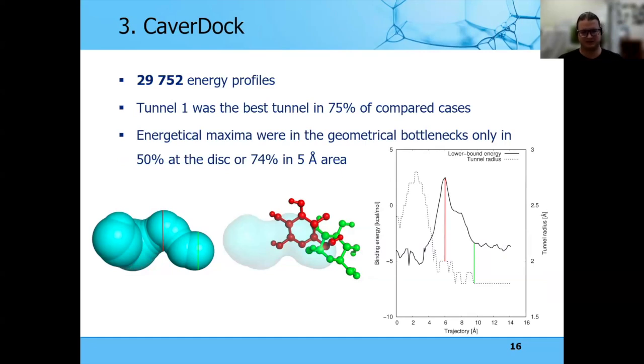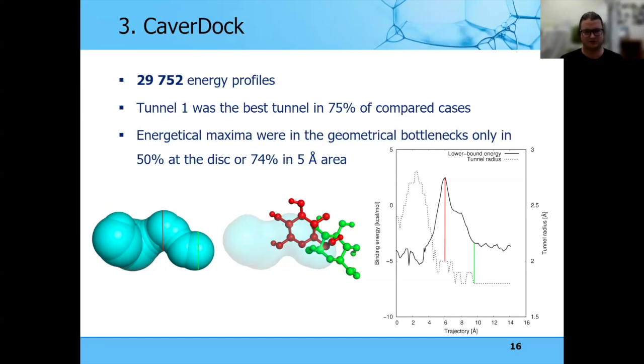When you look at the results, we found out that tunnel 1 was the best in only 75% of cases. So this could mean that the second or the third tunnels might be relevant as well. But if you want to lower the number of your tested or calculated cases, then you're pretty safe if you use just the first tunnel.